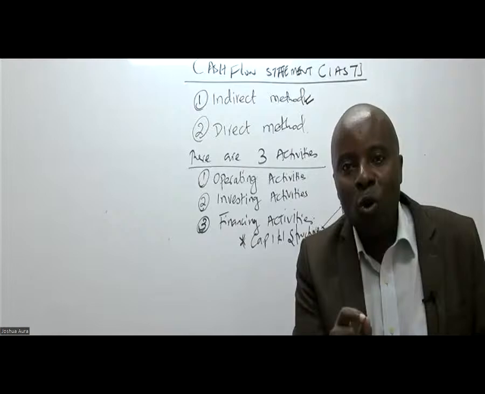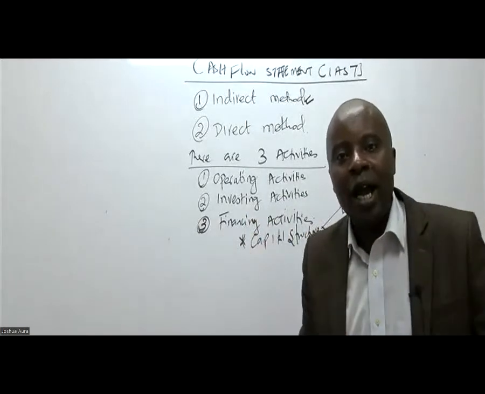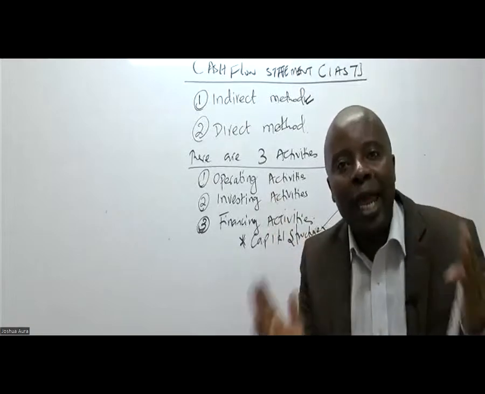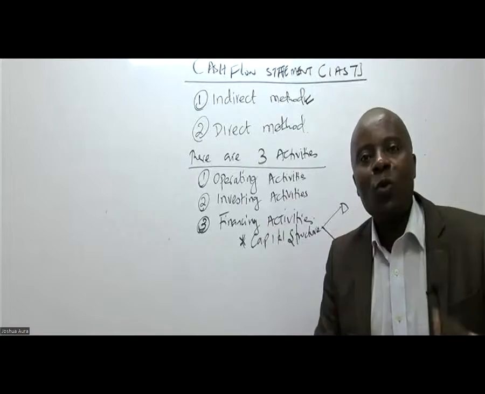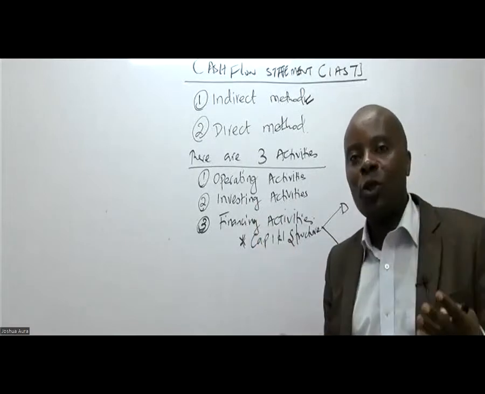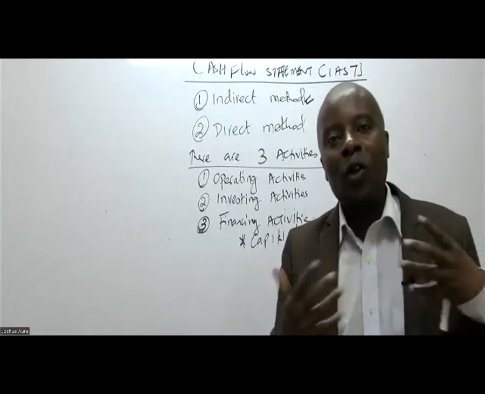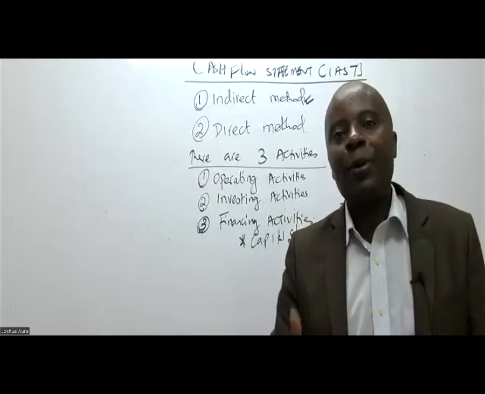So they want to know, out of your operations, your sales, how much cash flow are you able to raise? Operating activities. And then we have what we are calling investing. Of course, any good organization like RCM Online College has its own investments. We are investing, for example, in treasury bills.